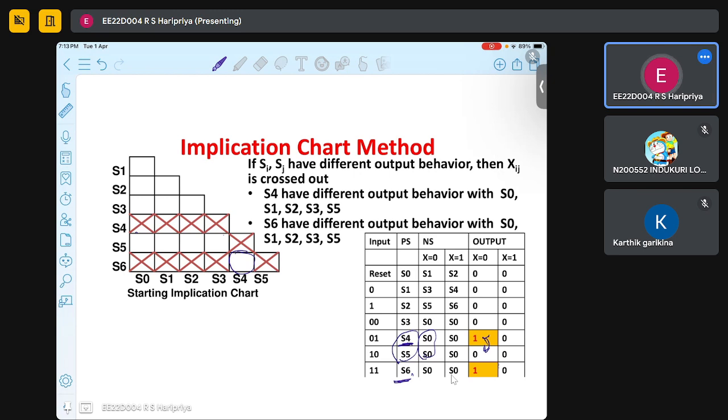That is, S4 is not equal to any state except S6. So except X6, we eliminate this.